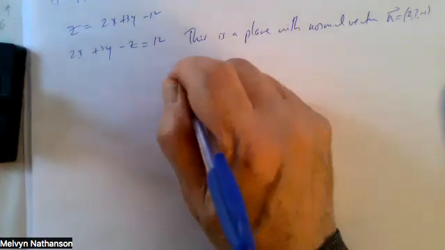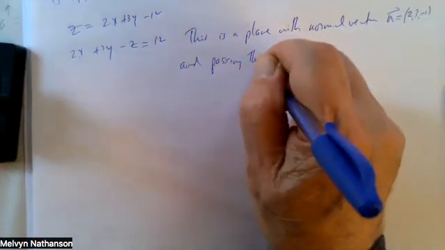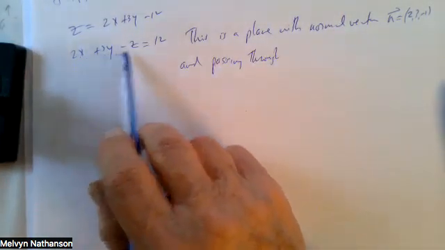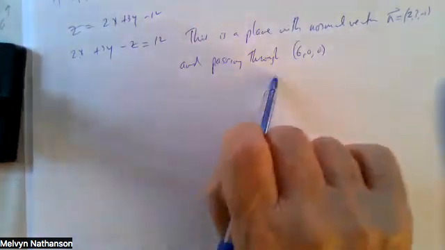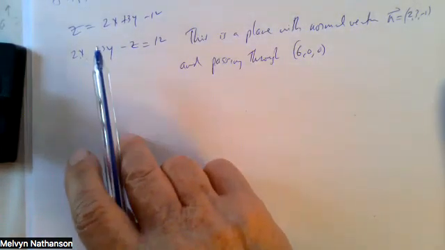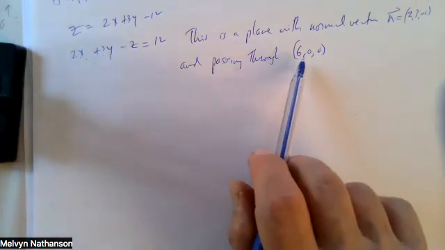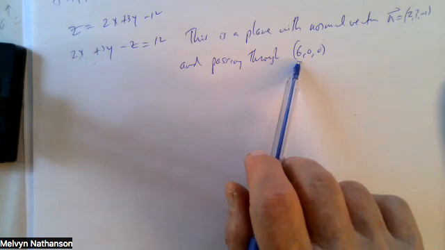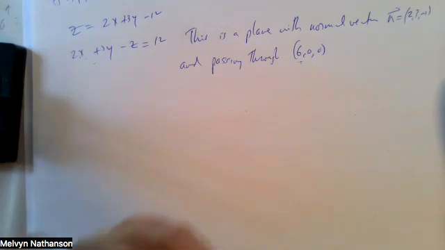And passing through, we'll just find any point on the plane. For example, if x is 6 and y and z are 0, this point satisfies this equation. And this is the equation of the plane passing through this point with normal vector 2, 3, minus 1.